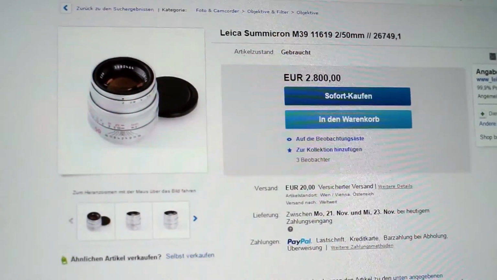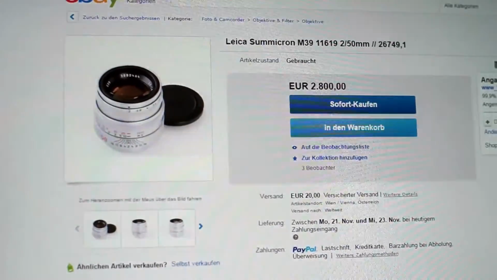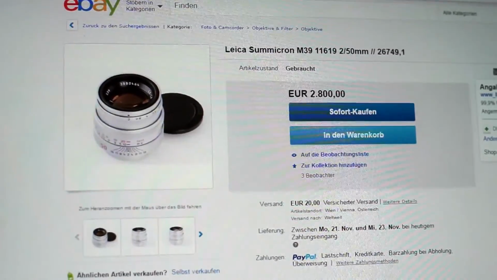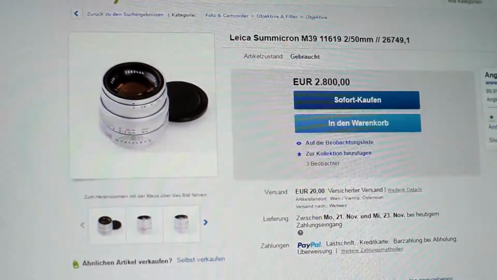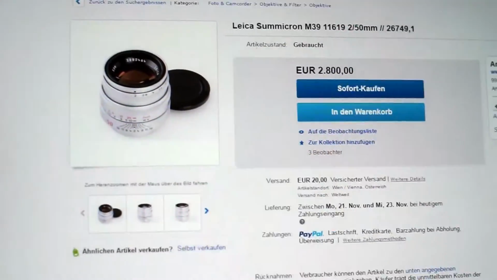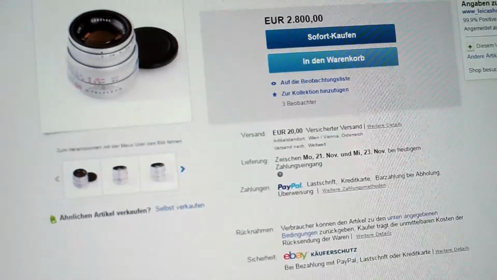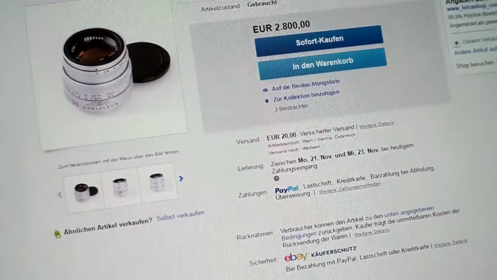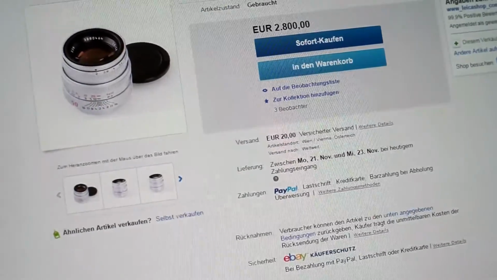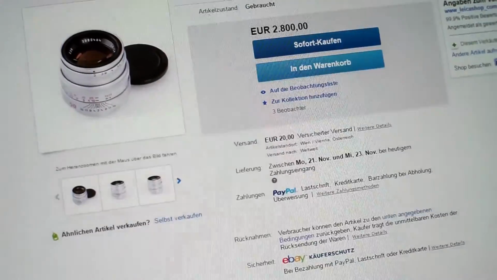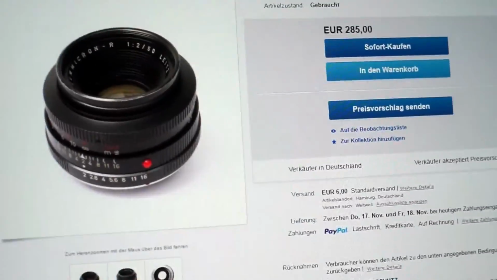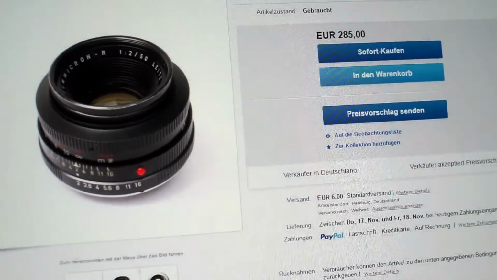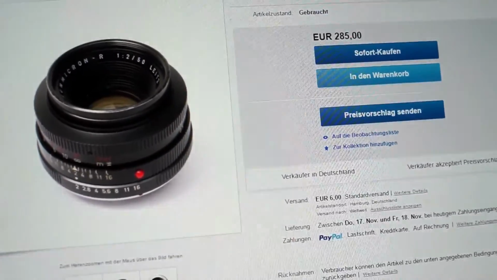So how much cheaper is the same lens design and the same formula for the Summicron R in good condition? Yeah, we have to really compare prices by the condition. So this is really good condition, and the Summicron R as well, and there you go guys, it is 285 euros.